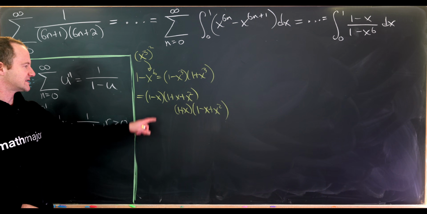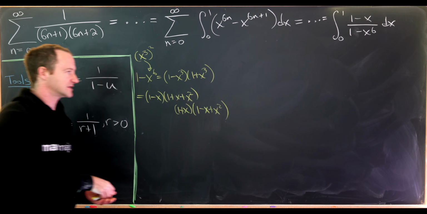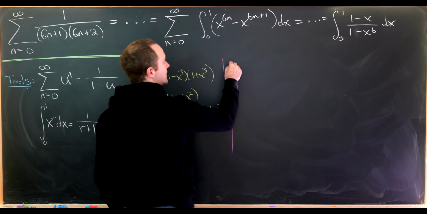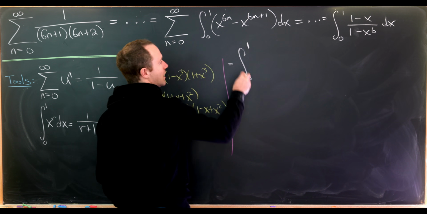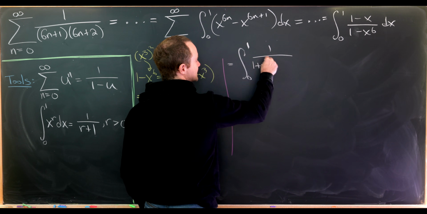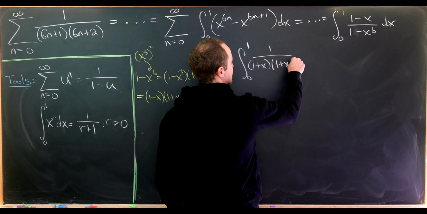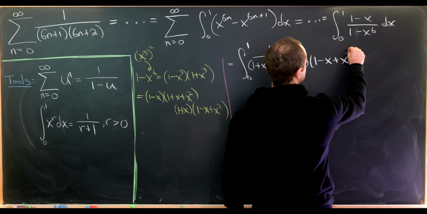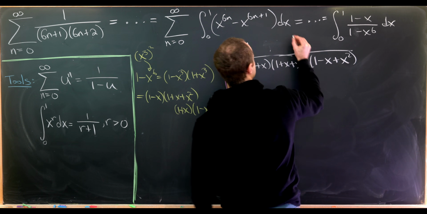Notice we've got a 1 minus x in the denominator, so that will cancel out and leave us with the integral from 0 to 1 of 1 over (1 plus x plus x squared) times (1 minus x plus x squared). Great.